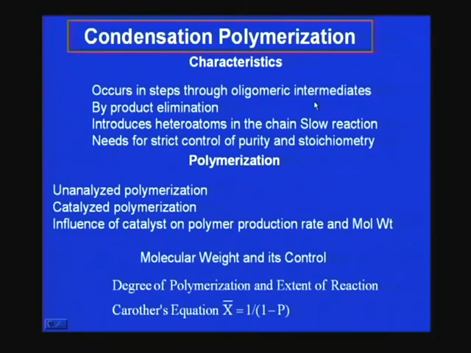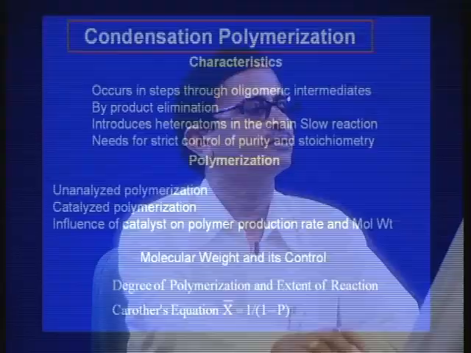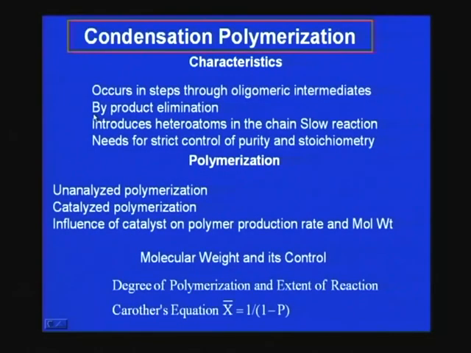Oligo means small, smaller intermediate products, oligomeric intermediates. Then there is a byproduct elimination. It introduces heteroatoms in the polymer chain.